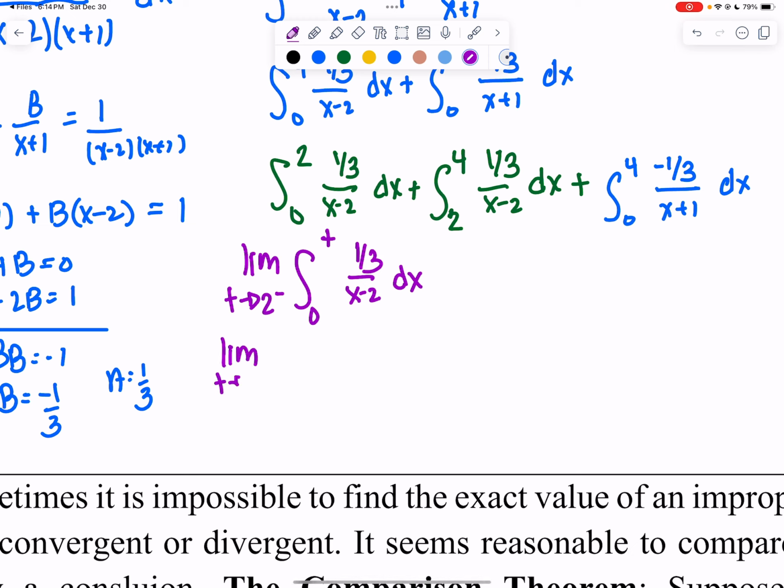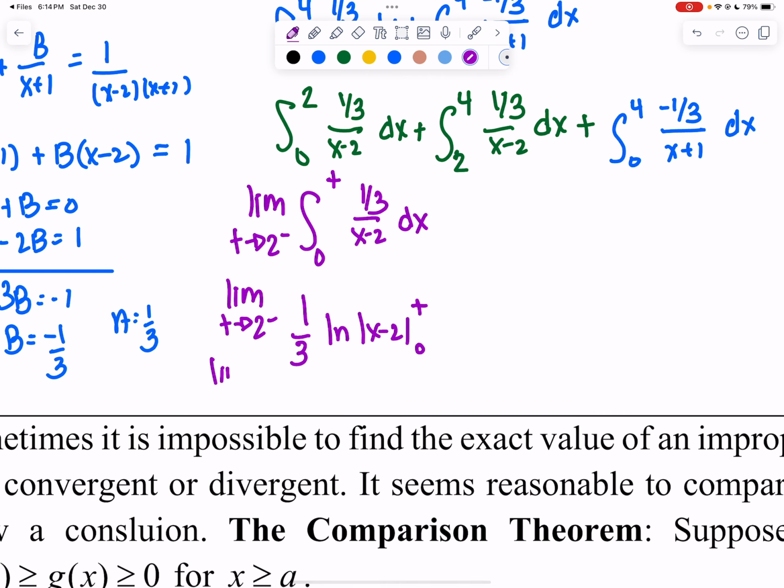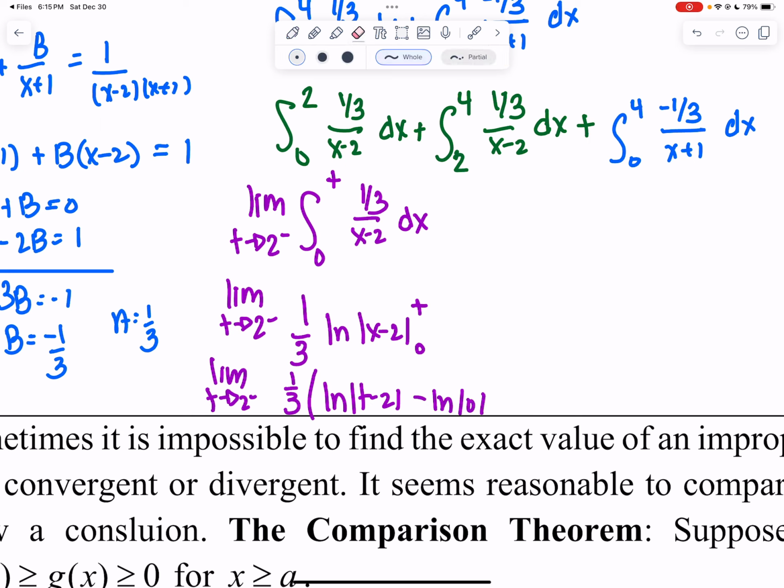Limit as c approaches t to the left of 1/3 ln of x minus 2 from 0 to t. Limit as c approaches t from the left of 1/3 ln of t minus 2 minus ln of 0, or ln of negative 2, sorry.